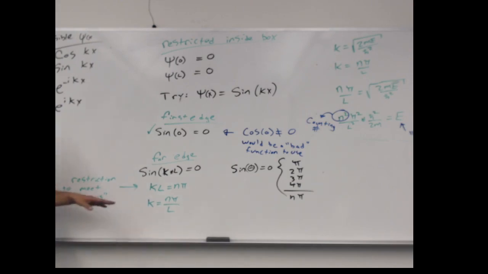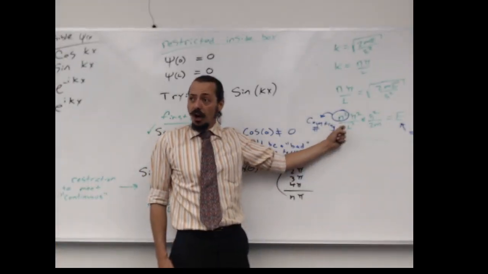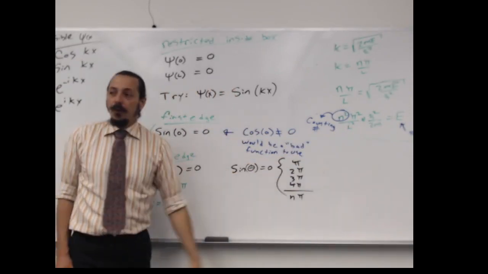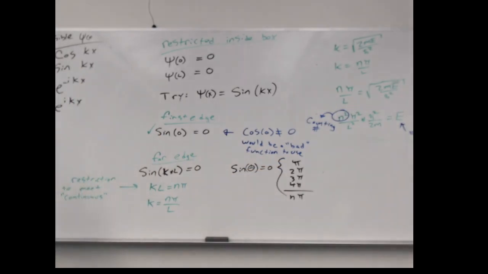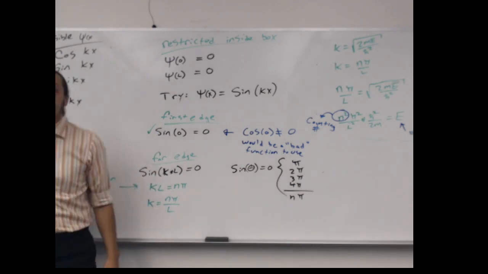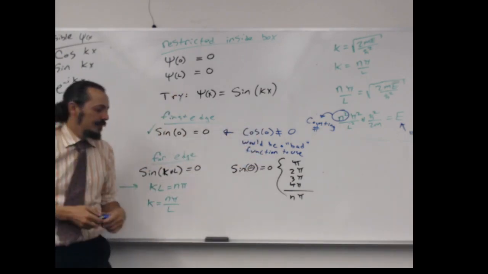By trapping our system in a box, the idea that only certain values of energy are allowed naturally fell out. So I need n to be 1, 2, 3, 4, 5, 6. There's certain values of energy that are allowed. Other values of energy are not allowed. It naturally falls out. I didn't have to do anything weird besides trap it in a particular space. Quantization just comes out of this.